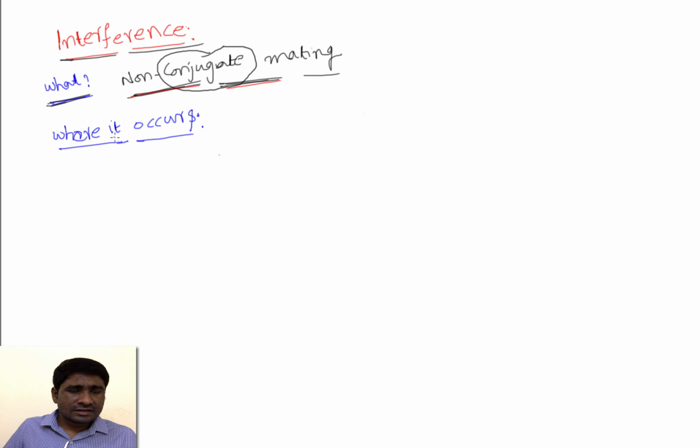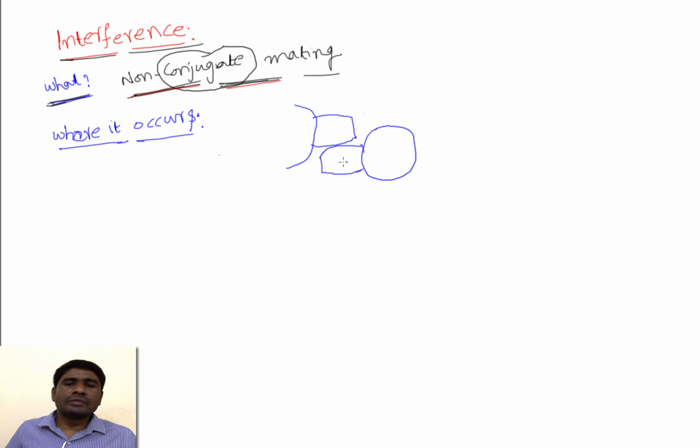Generally, where does it occur? Because we have drawn the involute profile tooth, when both teeth are involute, there won't be any chance of it becoming a non-conjugate contact. So generally where will it occur? It occurs not on the surface of the tooth. Instead, if this tip is coming further, if this circle is like this, and if this tooth is coming further and touching this one, and here we provided some gap like this clearance, and this clearance may not be an involute.